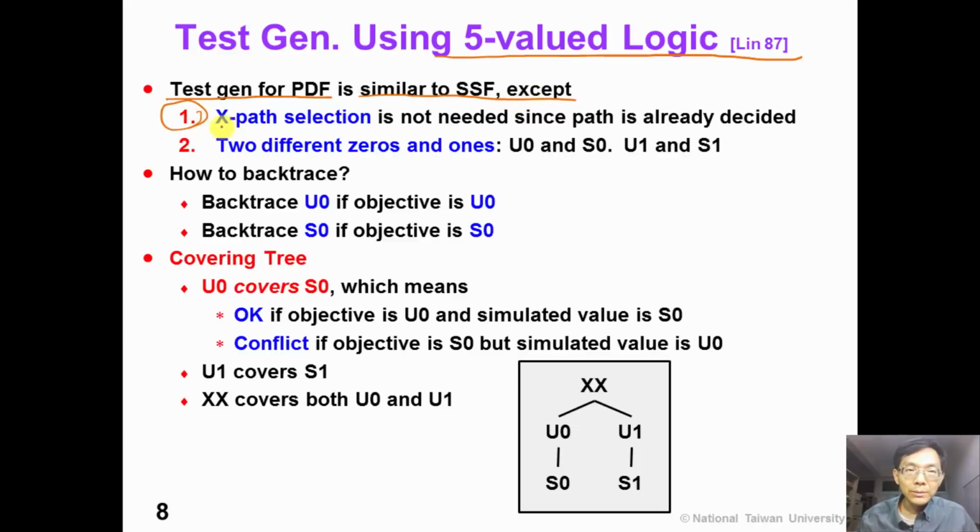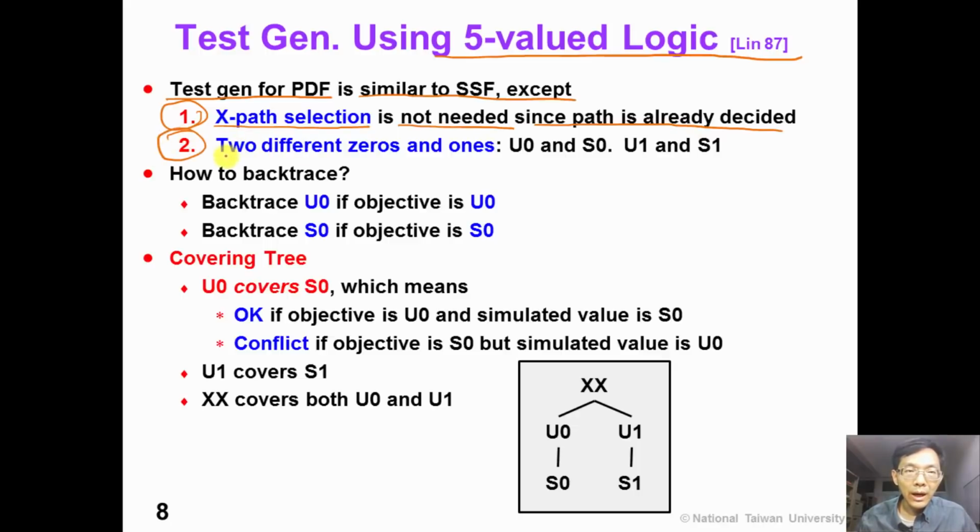First, X-path selection is actually not needed for a path delay fault, since the path is already decided by the path delay fault. So in this sense, PDF test generation is simpler than single stuck-at fault test generation.